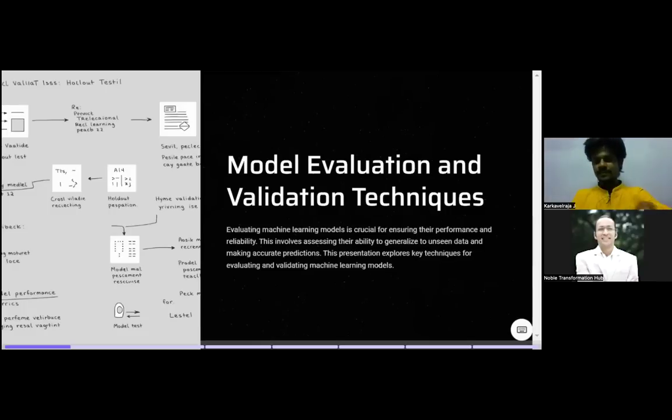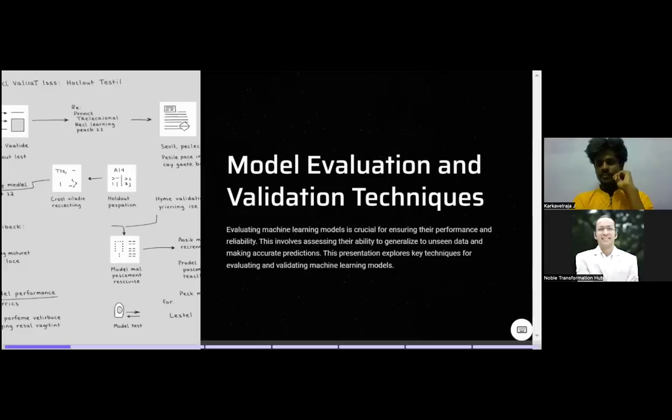Yes, model evaluation and validation techniques. We need to understand how machine learning models are crucial, and what the concepts are. You need to understand the conceptual part deeply, the do's and don'ts, and also the limitations, so that you can use it properly.